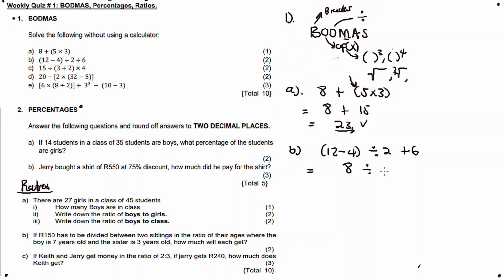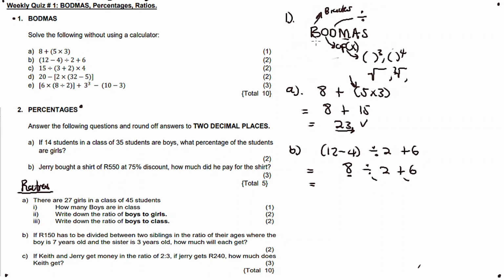Divide by 2 plus 6. I saw some of you, after solving this bracket, also added the 2 and the 6, which is wrong, by the way. This subtraction gives us 8. I'm now left with how many operations? Two, a divide and a plus.